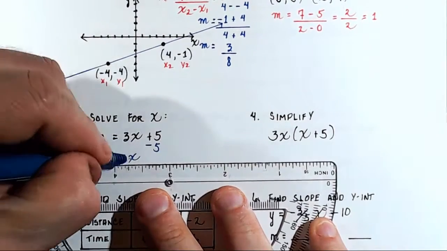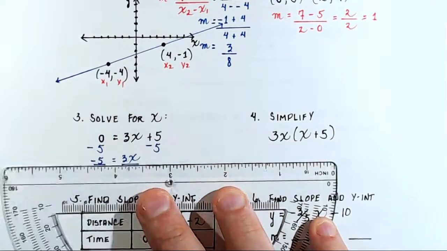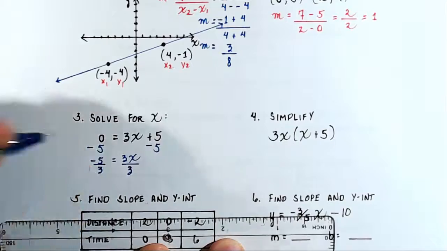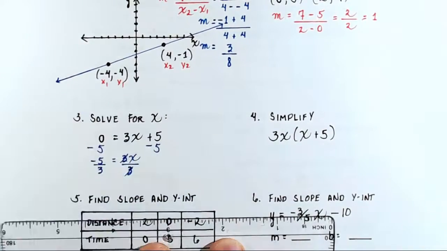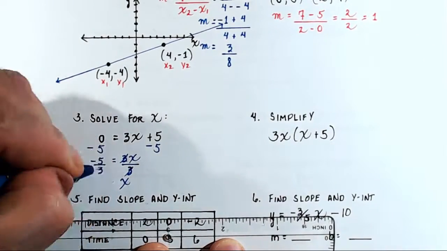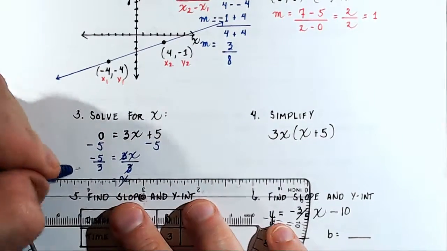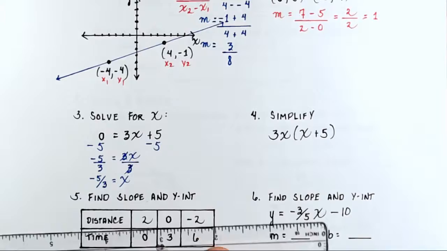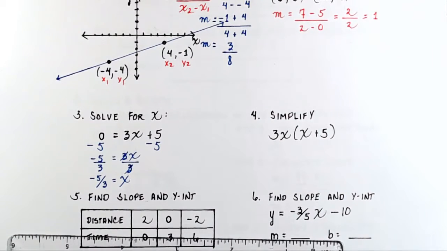And I will divide both sides by 3 to get x by itself. Those 3's cancel here, and now I have x equals negative 5 over 3. The application for this would be to find the x-intercept.